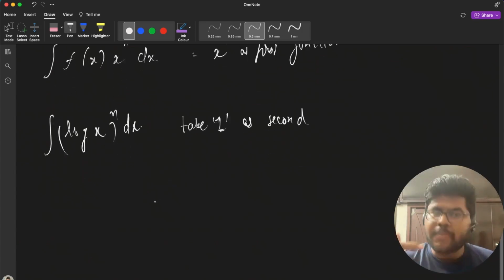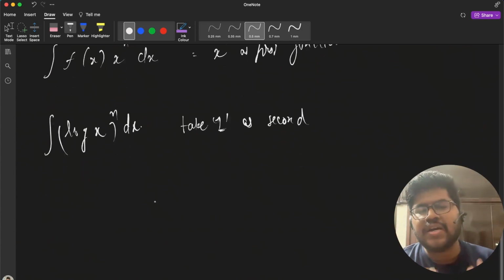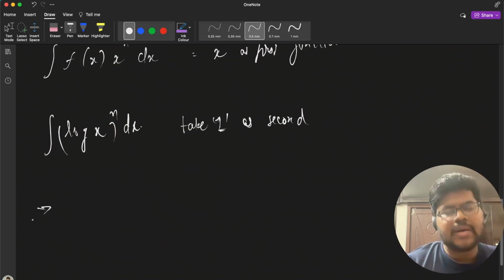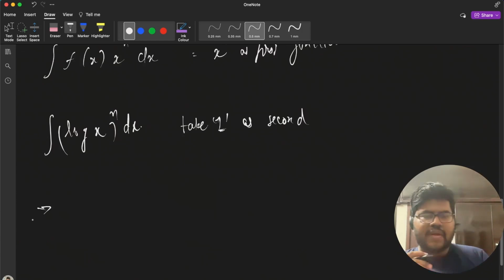So in the upcoming series we will be doing the integration, then you will come to know more about how we proceed and how we apply the ILATE rule, right? So it sometimes happens, students, that when we are going to integrate the second function or the first function using the ILATE rule, then after integrating one time, it again requires integrating the function a second time. So don't hesitate at that time.